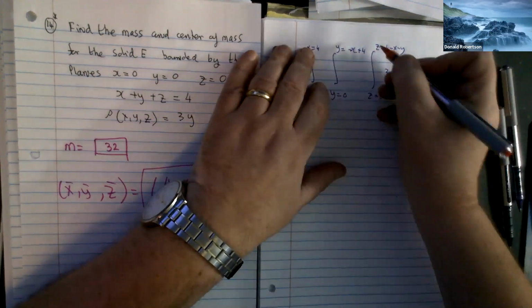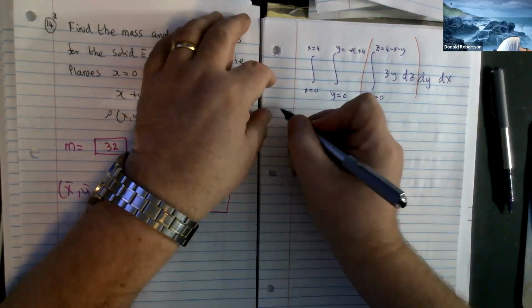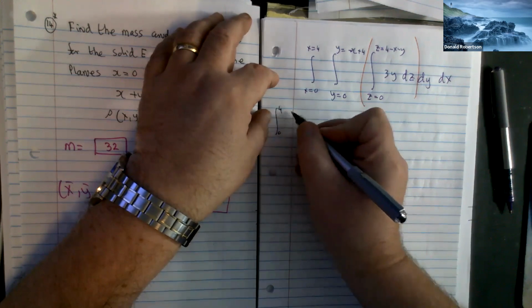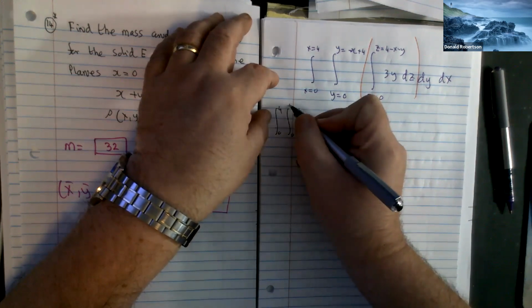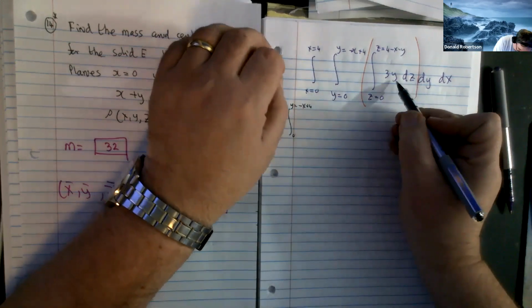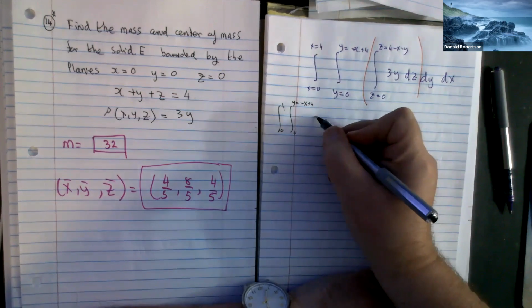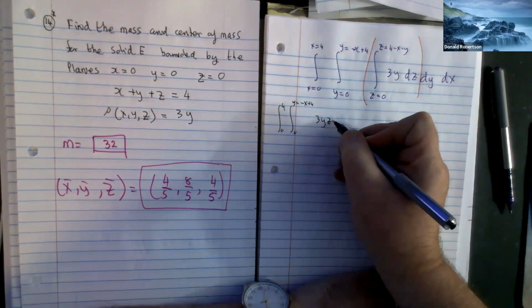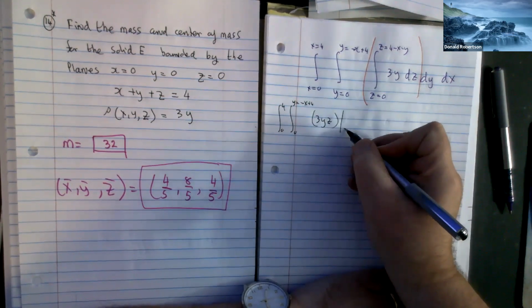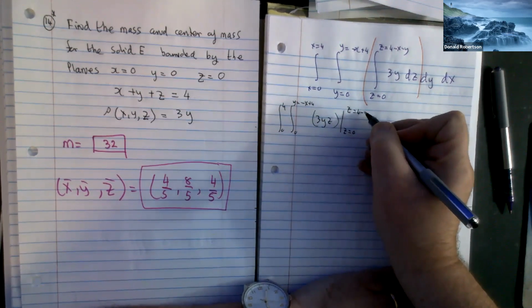Let's do a dz. If you integrate 3y with respect to z, you get 3yz, evaluated from z equals 0 to z equals that.